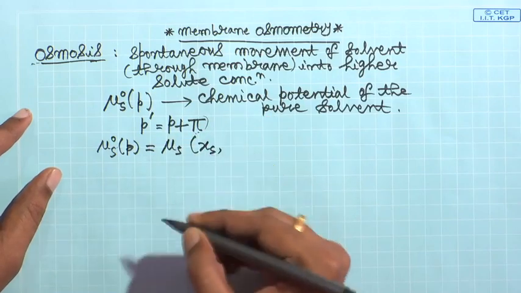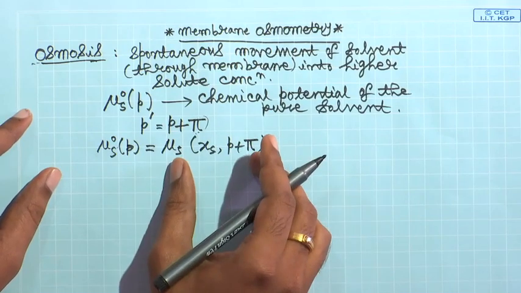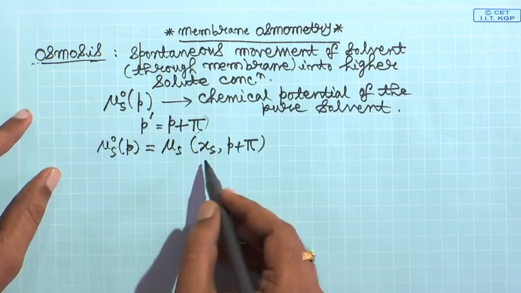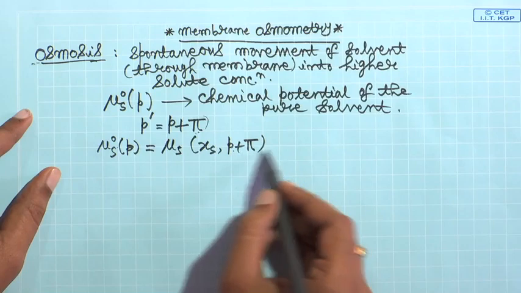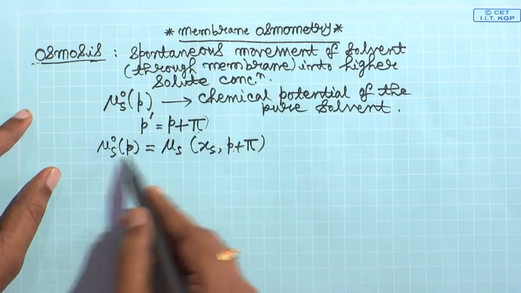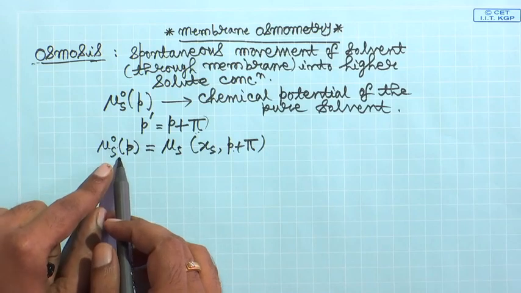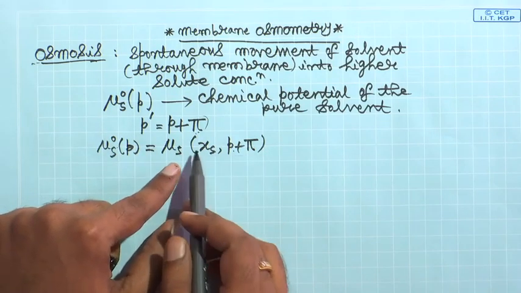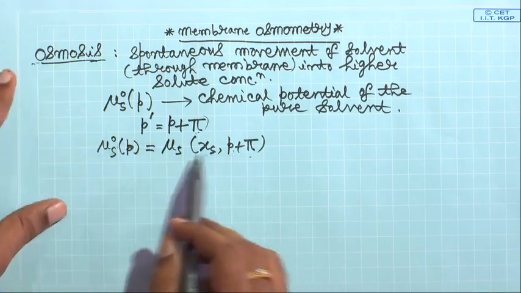So, x s, P plus pi. This is on the solution side, x s is the mole fraction of the solvent in the solution, because this is not 1, and P plus pi is the pressure, that side the pressure is higher. So, under that condition equilibrium may be reached, so that the chemical potential of the solvent in pure state is equal to the chemical potential of the solvent in the solution side. Whatever be the value of this mu s, we will look at that after.